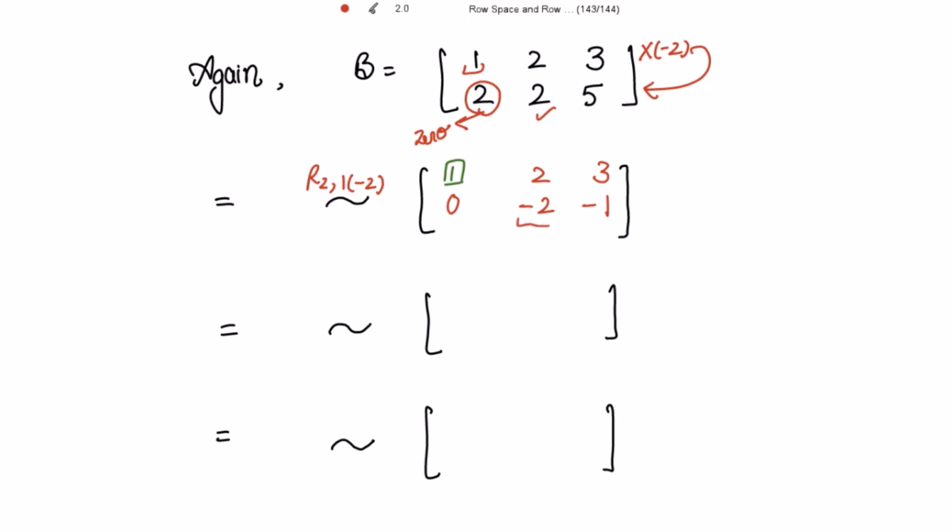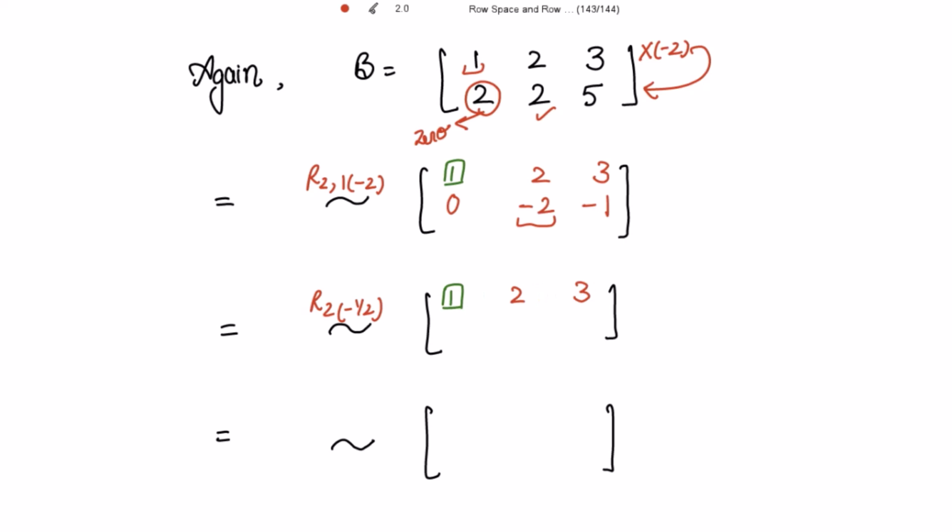To make this 1, we multiply row 2 with minus 1 over 2, right? So changing row 2 by multiplying its elements with minus 1 over 2. Writing the first row as it is.